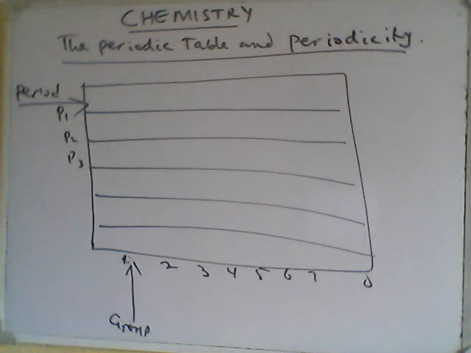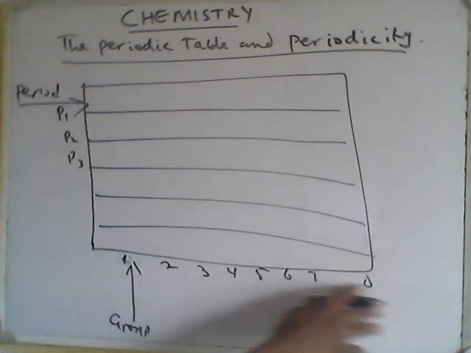So the horizontal is called a period, and the vertical is called the group. The structure of the periodic table is that in groups 1 to 18, the elements have similar properties. I'll explain why it is group 1 to 18.